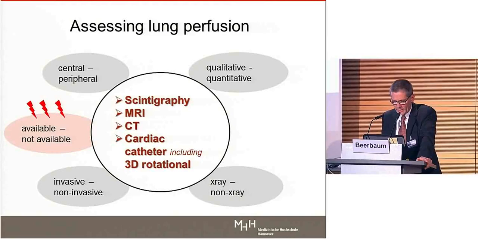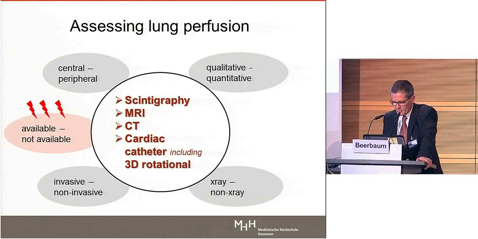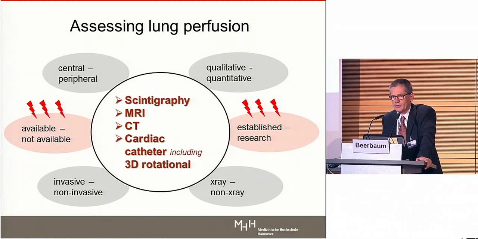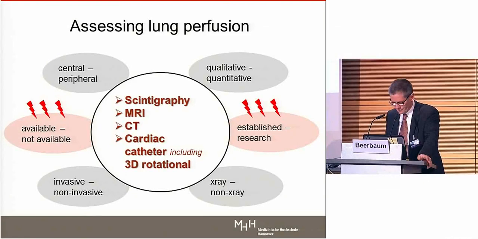Most importantly, availability plays a practical role in the clinical setting. It doesn't help to have a beautiful technique where you have to send the patient to somebody else. And you always need to ask yourself, is what we're doing really established? Are we looking more or less at a research protocol?